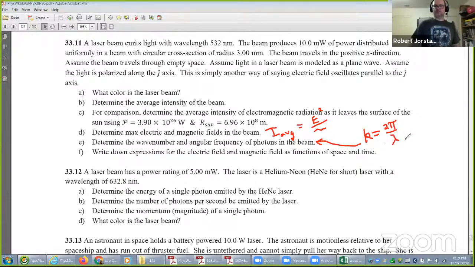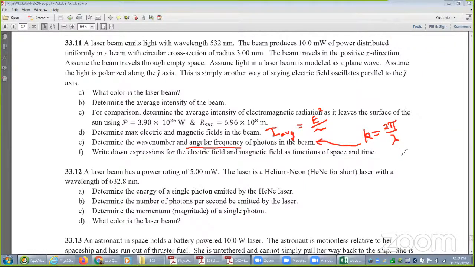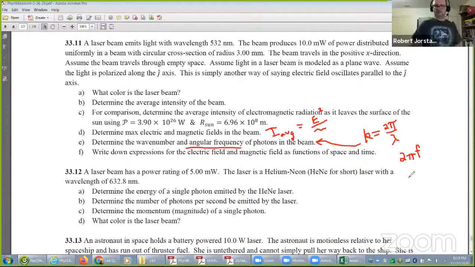You could also get omega. How do you get omega, the angular frequency? 2 pi f. How do you get f? Inverse of wavelength. Not quite. The chemist says, what's nu? Remember, f is like nu. What's nu?